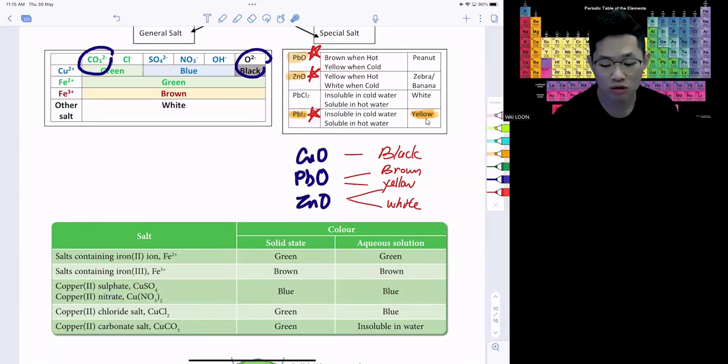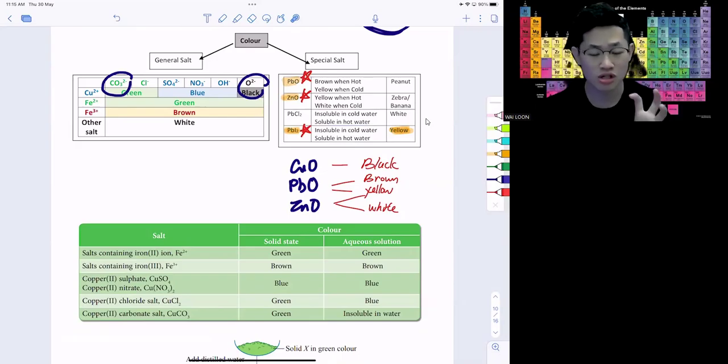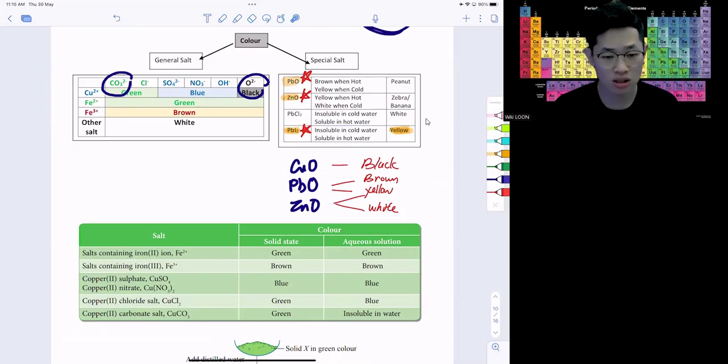We know that PbCl2 and PbI2 are insoluble; normally they don't dissolve in water, but in hot water they will dissolve. Because sometimes in objective questions, they might ask which of the following salts can dissolve in hot water.